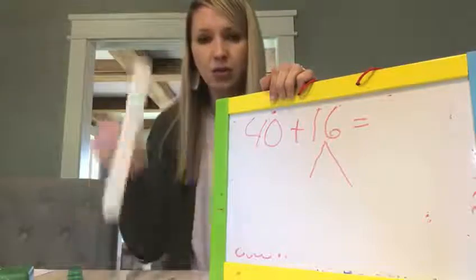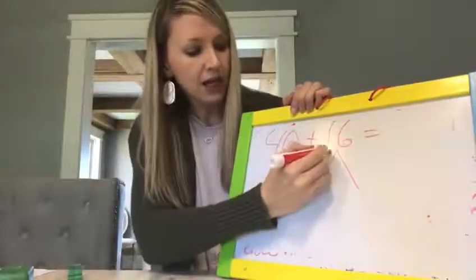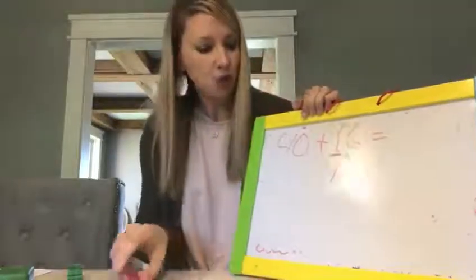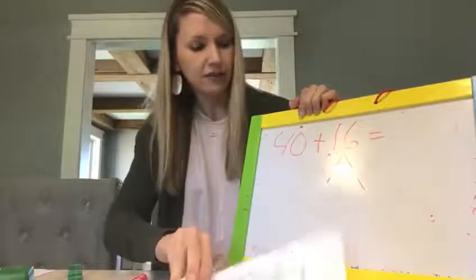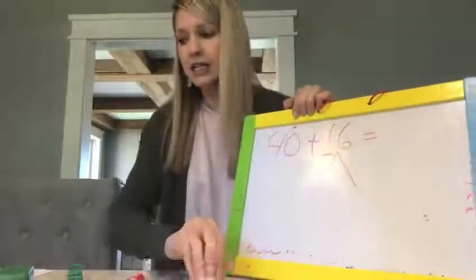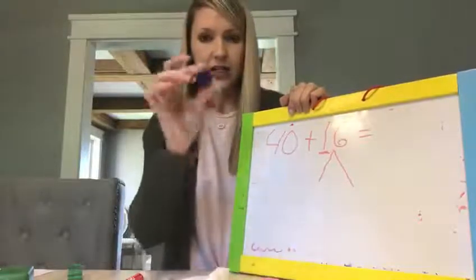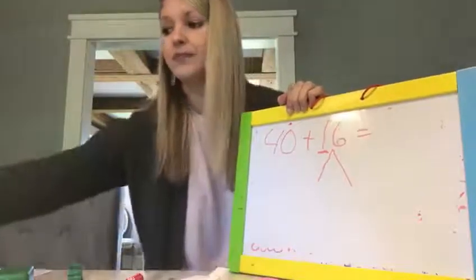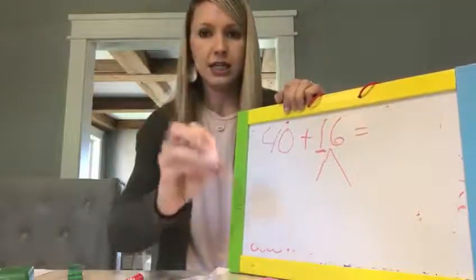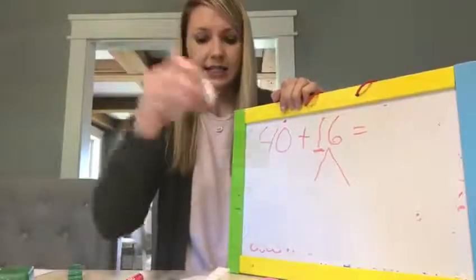Well, I'm going to start with a group of 10 because I have a 1 in my tens place. And then how many ones do I have, do you think? So I've got 10, and then let's do our ones. So 11, 12, 13, 14, 15, 16.